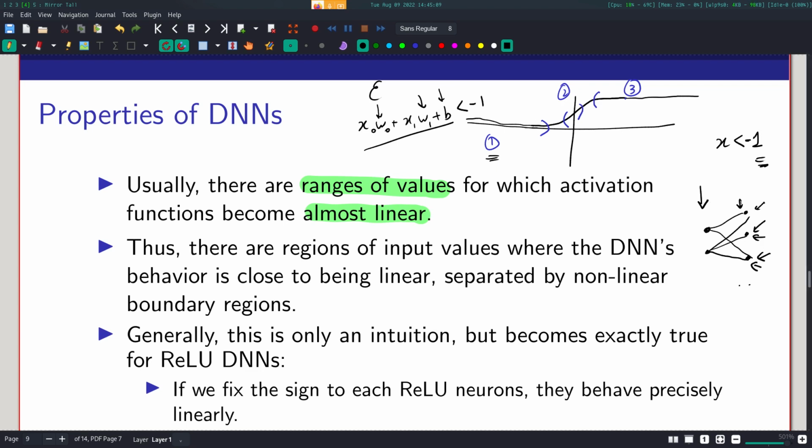These conditions will again get cascaded: if you have these things as the input to the next layer, you can write such conditions in terms of that, and so on. If you combine all of them together, you'll end up getting some solid region within which all the values of all of the activation functions are going to lie in region number 1, right?